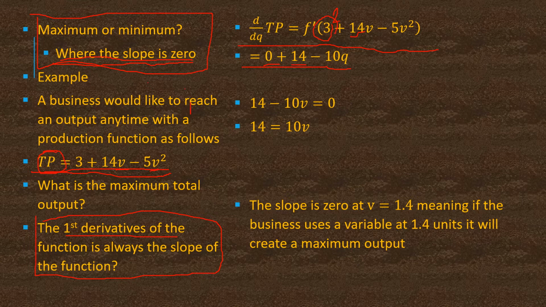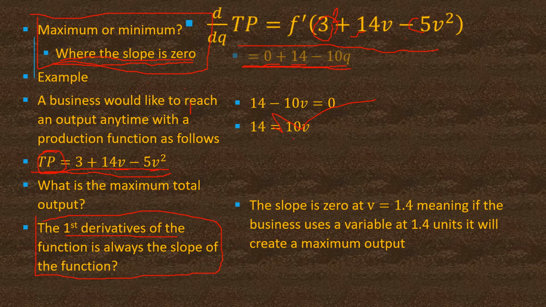While the 5b squared, that is the 2 times the 5, which will become 10. And the q here, supposedly, that is supposed to be the v, or the variables. Okay? And then, of course, in here, we have already the value of the first derivative, which is this one.